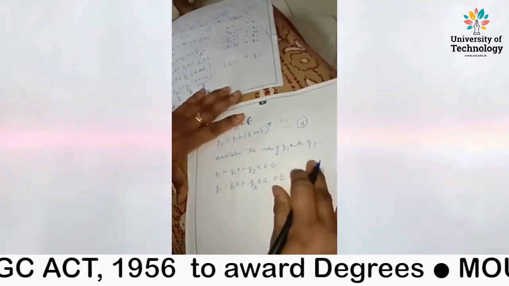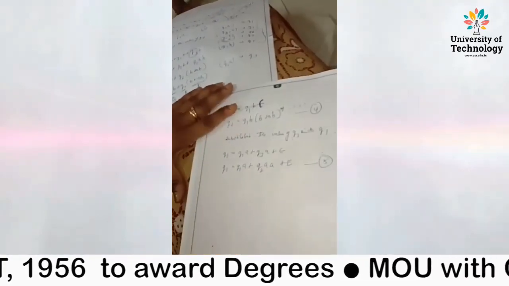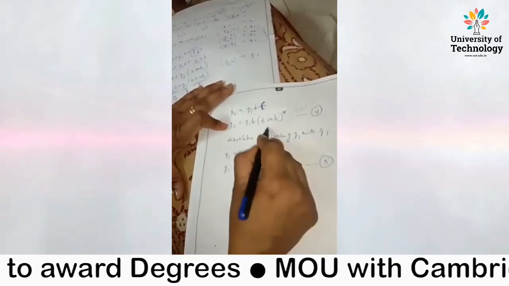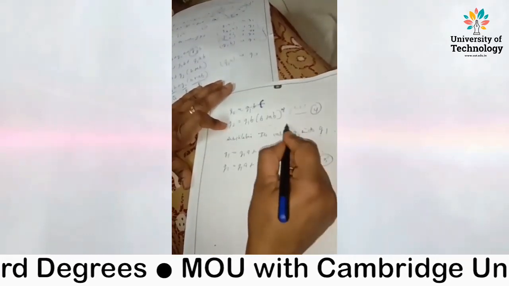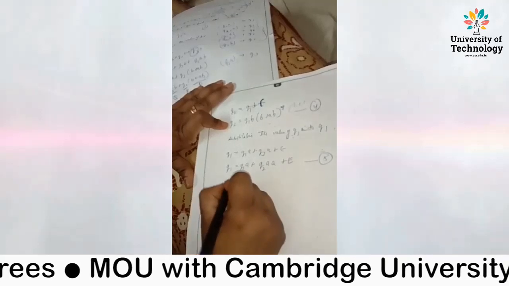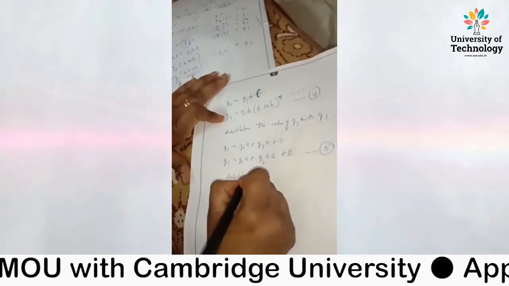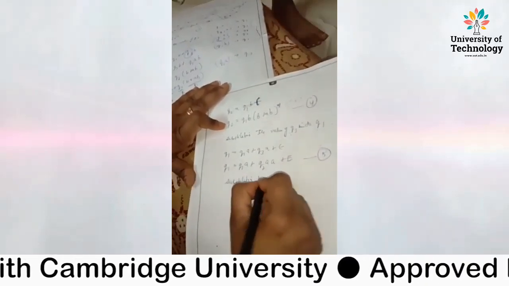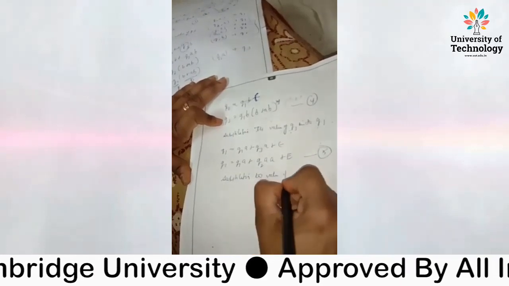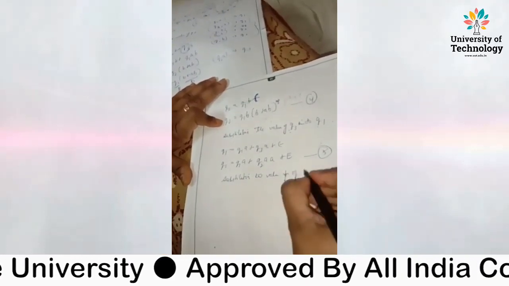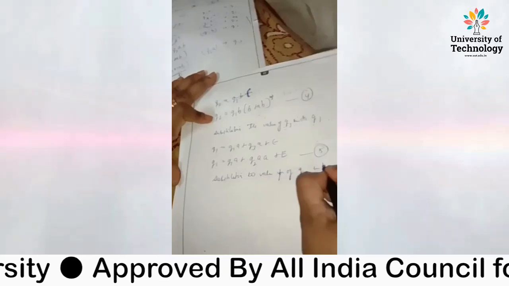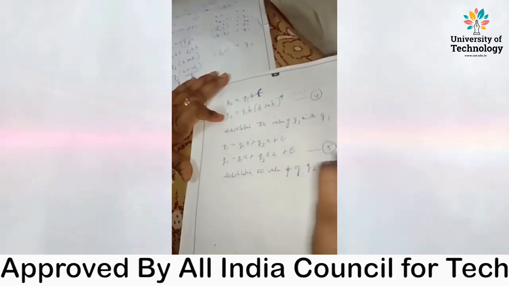Okay. Now we have got the value of Q2. Now we are going to substitute the value of Q2 into Q1, into equation number 5, right?